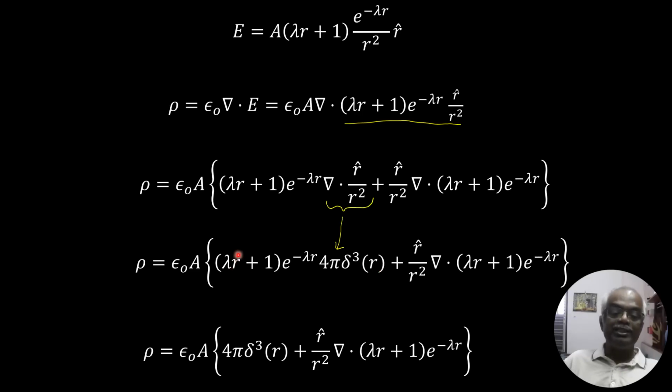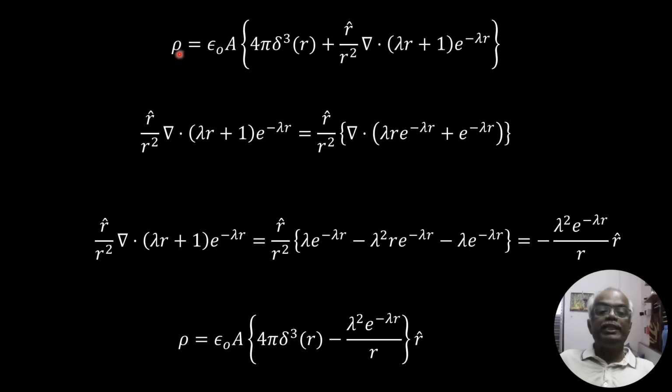If r is equal to 0, this will become 1, because 0 plus 1 is 1, and e^0 is 1. So you will simply get 1. Only the remaining term is 4π δ³(r), and you take the second term as it is. Of course, we have to reduce the second term. We will do it right now.